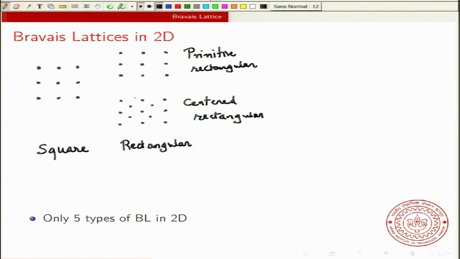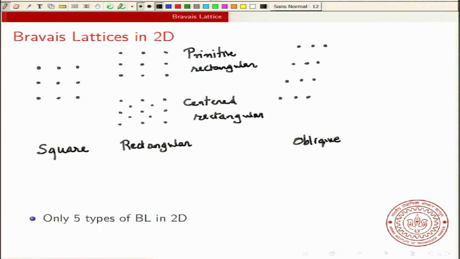There are 2 others. One is called an oblique lattice, and we already saw some of these. Here you have a set of points, and they are at some angle. So it is an oblique lattice, and here you can only have primitive.